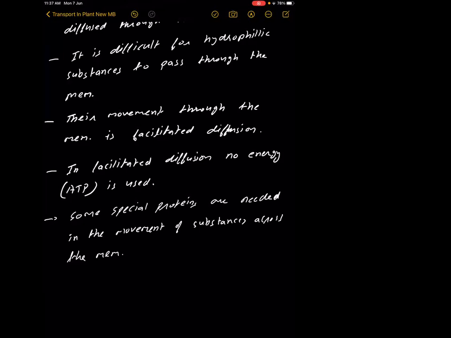So uphill transportation occurs in active transport, but in facilitated diffusion no uphill transportation occurs. Facilitated diffusion cannot transport molecules from low concentration to higher concentration, because that requires energy. It occurs always like diffusion, from higher concentration to low concentration without using energy, but through a particular point.